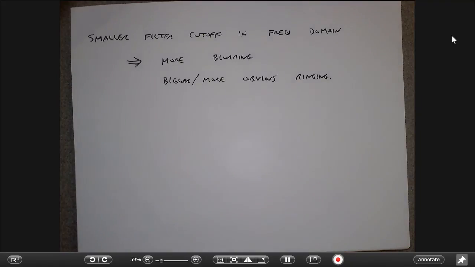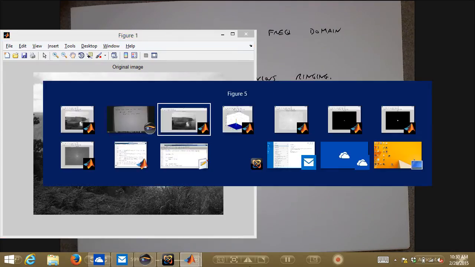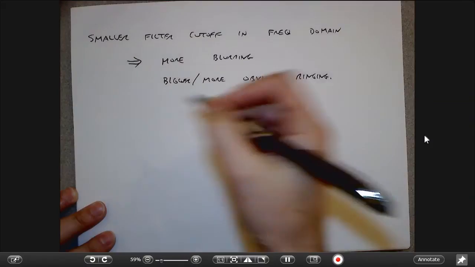Because in some sense, the period of the ringing, the distance at which I see these things happening, is proportional to how aggressive my filter is, right? So if my filter is wider, these are closer together. You don't even necessarily notice them for small edges. Whereas if the filter is aggressive, you get these far apart rings, and that's really obvious, right?